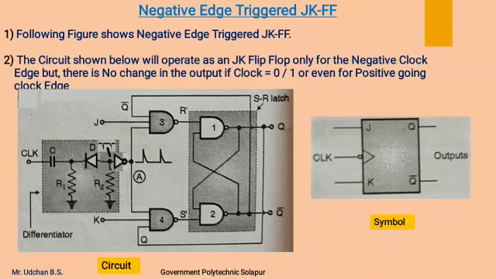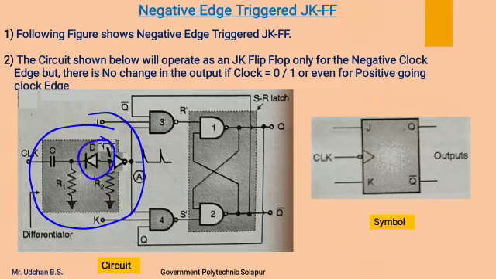Now next we see the negative edge triggered JK flip flop. The operation of this is also the same, only it works with respect to the negative edge of the clock pulse. The differential circuit is modified, the diode direction is reversed so that it can detect the negative spikes and reject the positive spikes, and the negative spikes are converted into positive spikes using this NOT gate, so that NAND gates 3 and 4 cannot output R dash as 1 and S dash as 0 continuously.